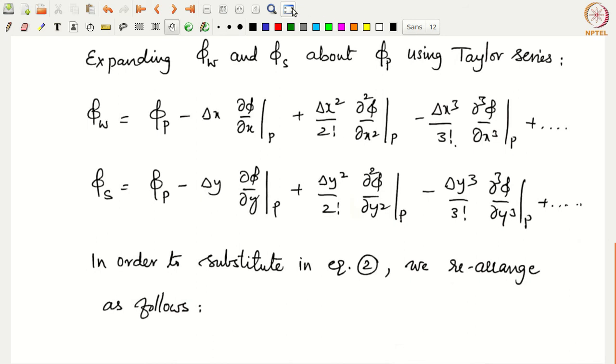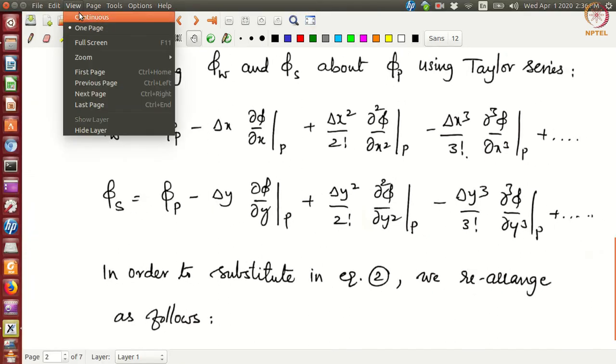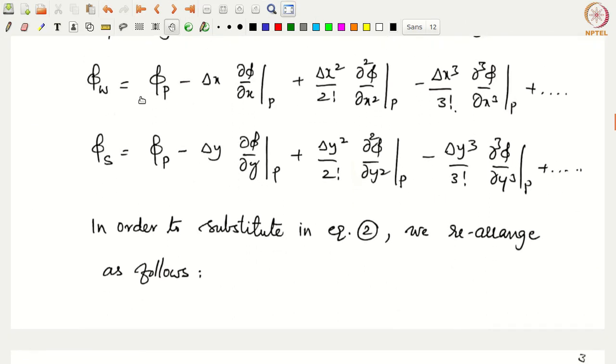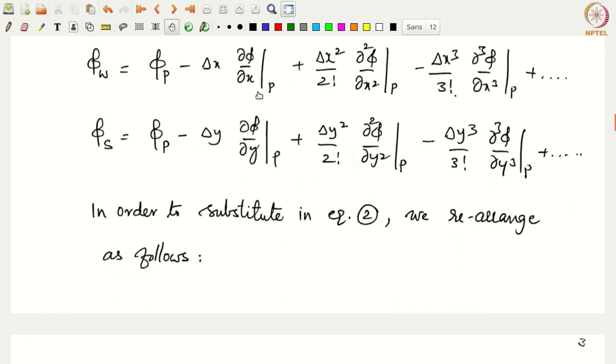Essentially, if I go back and make it continuous, phi P minus phi W by delta x would be partial phi by partial x, minus, since delta x gets divided, delta x by 2 partial square phi by partial x square, plus delta x square by 3 factorial partial cube phi by partial x cube, right?